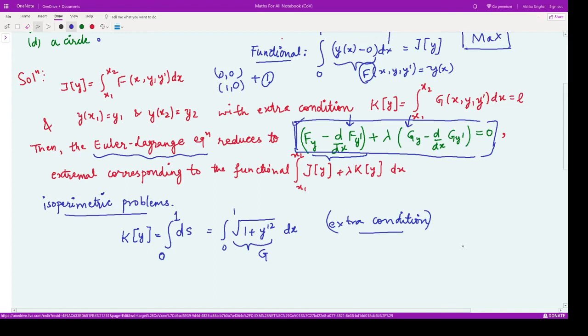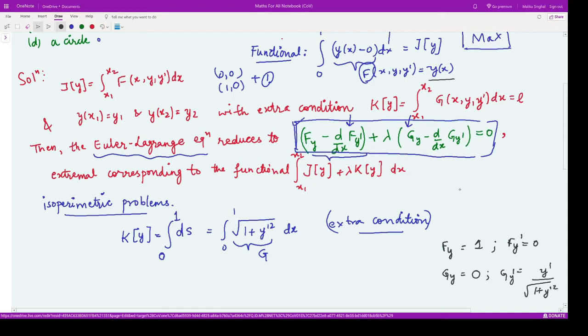Firstly we have to find f_y. f_y is equal to 1 because f is simply y, and f_y' is 0. Then g_y: g is independent of y, so it is 0, and g_y' would be y' divided by the square root of 1 plus y' squared.